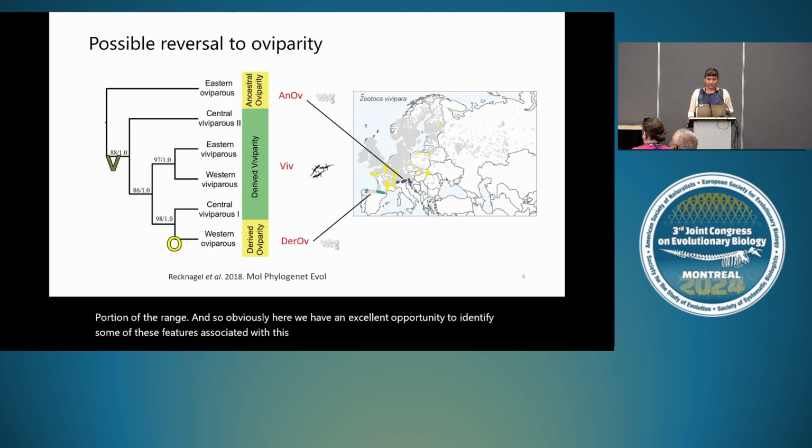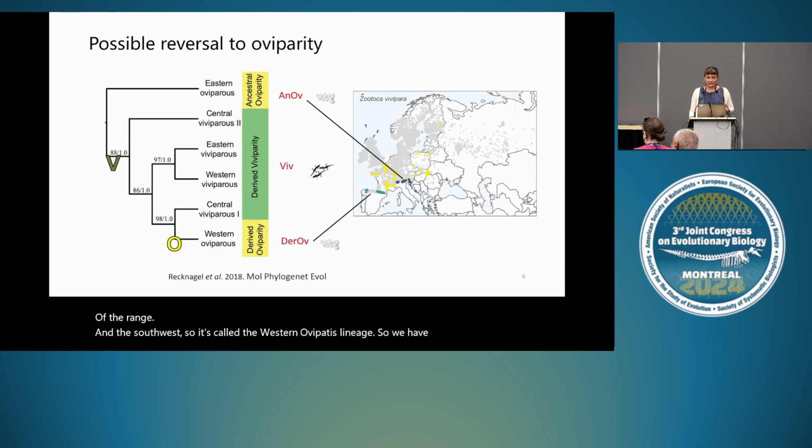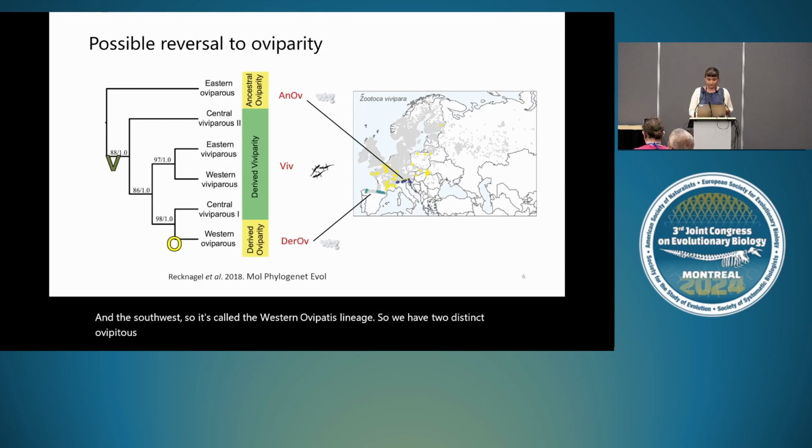Again, work from Hans showed that we had an ancestral oviparous lineage in this species, then a derived viviparous clade, and then a further putatively derived oviparous clade, an isolated population in the southwest of the range. It's called the western oviparous lineage. So we have two distinct oviparous lineages in this group.